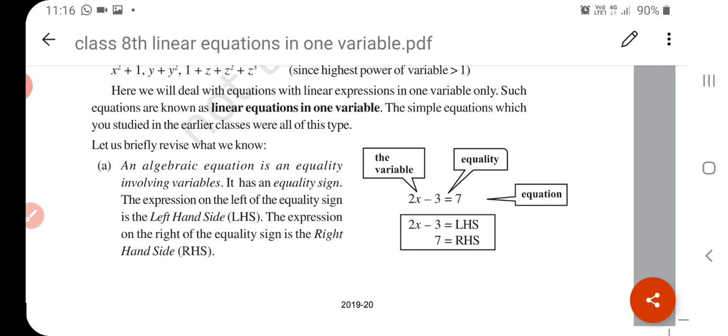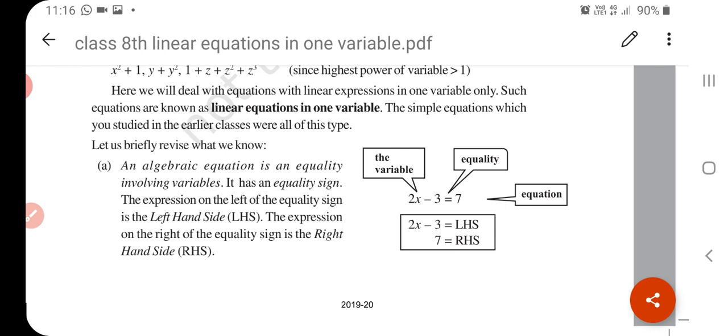Understand? A linear equation may have for its solution any rational number. Its solution can be any rational number. An equation may have linear expression on both sides.